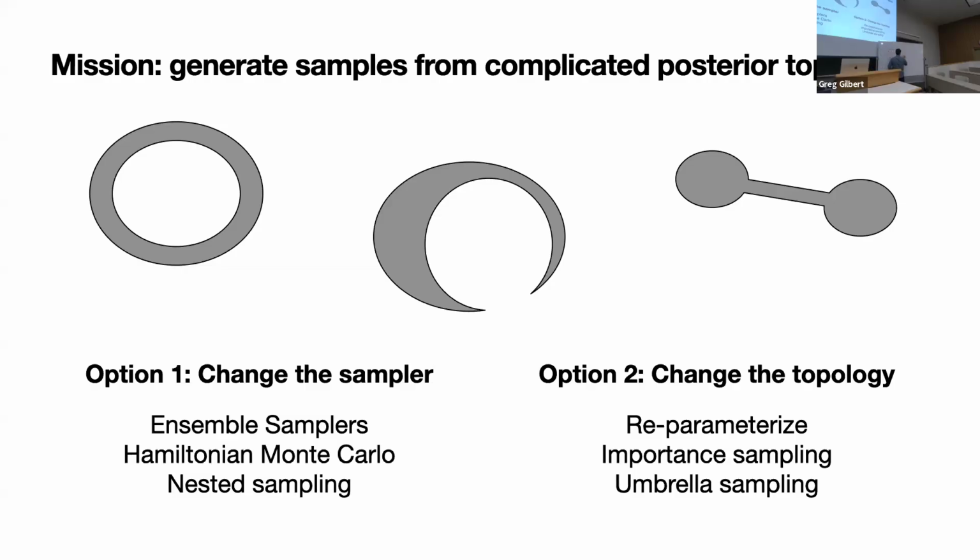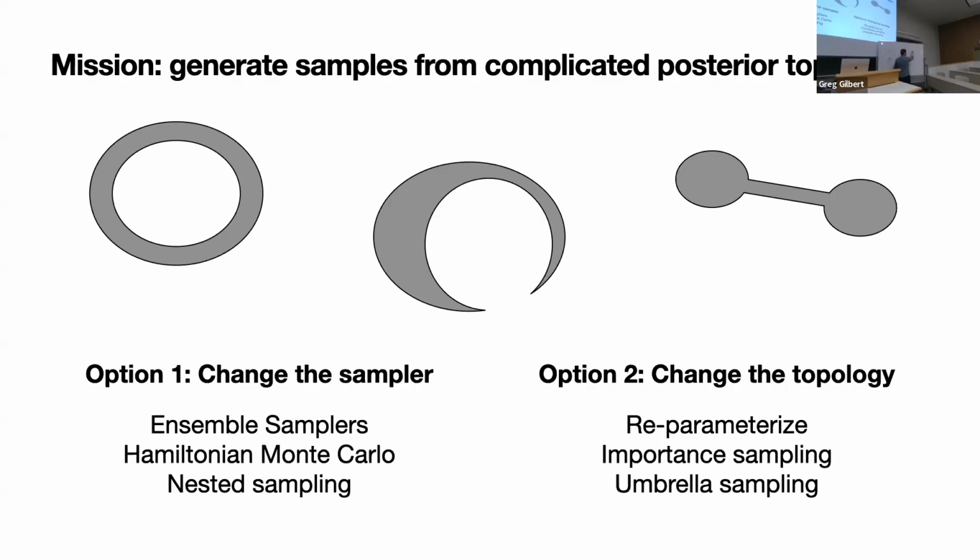So a more complicated corner plot would be something like, say you have some curvature that goes from being broad to being very narrow, right? If you were to draw samples here, they look like this, and then it gets very sparse out here. So that's what I mean when I say complicated topology. You've got this region where, if you squint, it looks Gaussian, it's broad, it's easy to explore, and then you get this long, thin tail like this.